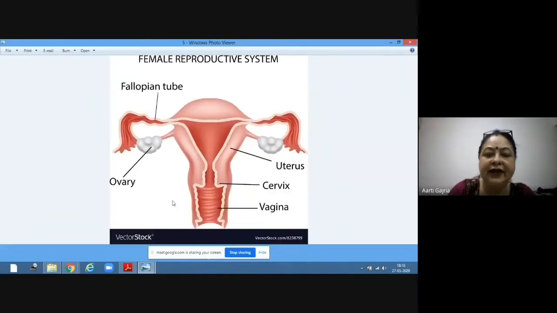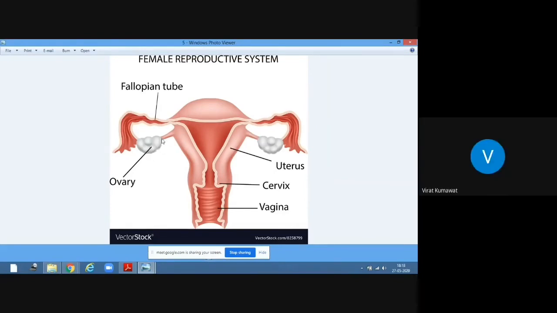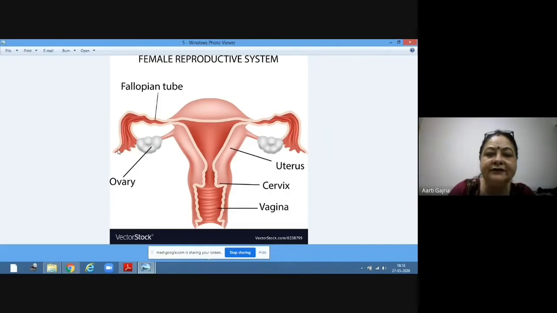Now see this diagram. The same ovaries are there. These are the ovaries. These are the ligaments by which they are attached. Then these finger-like projections are the fimbriae. Infundibulum, this wider part is the ampulla, and then the isthmus. This is the uterine cavity. This is the inner lining, endometrium.